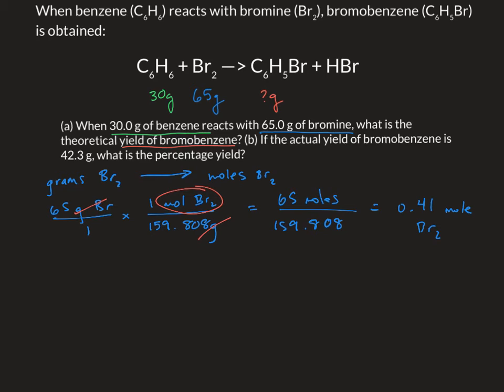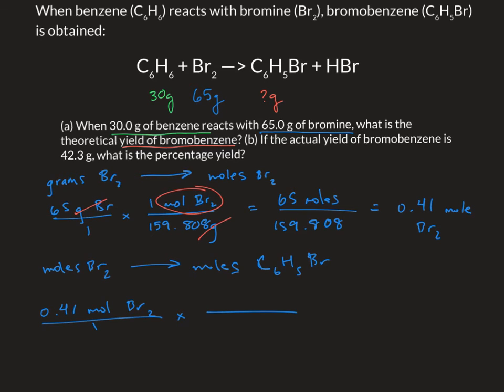So now from here, just like last time, we need to go from moles of bromine to moles of bromobenzene. We have 0.41 moles of bromine.